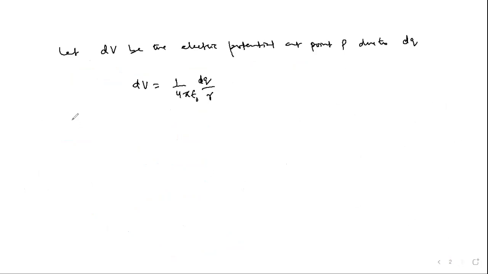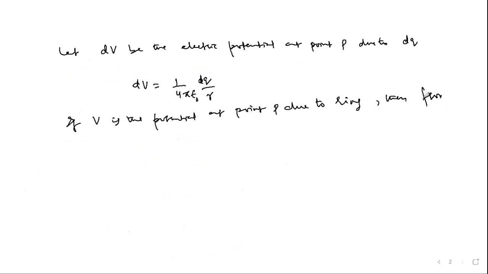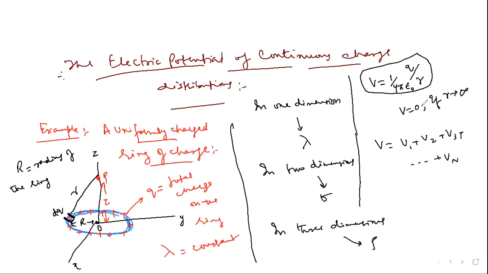If V is the potential at point P due to the ring, then from the superposition principle, remember, in continuous charge distributions, when we use the superposition principle, this sum becomes an integral, right?